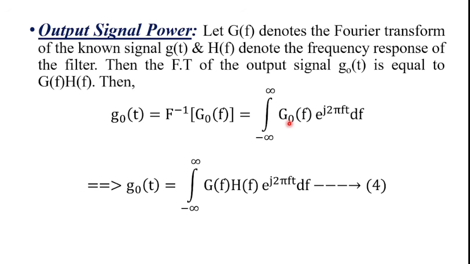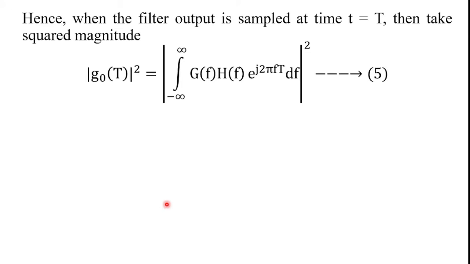In this equation, substitute small t equal to capital T and take the square magnitude on both sides. The resultant expression is this one. So this is the output signal power.